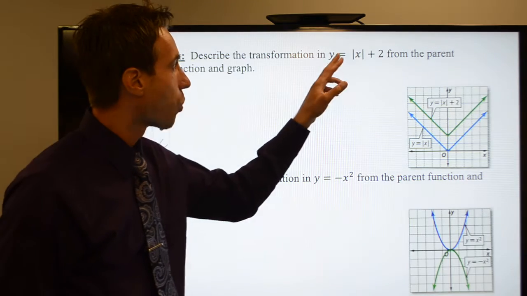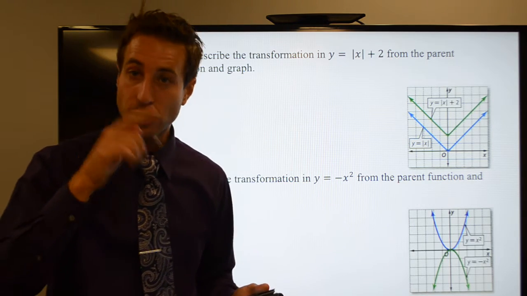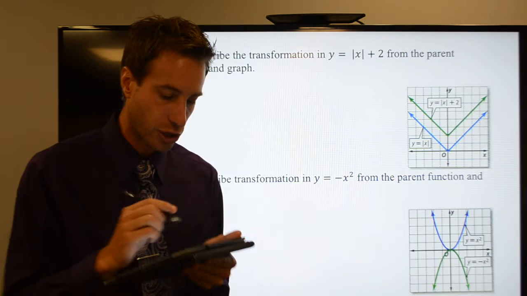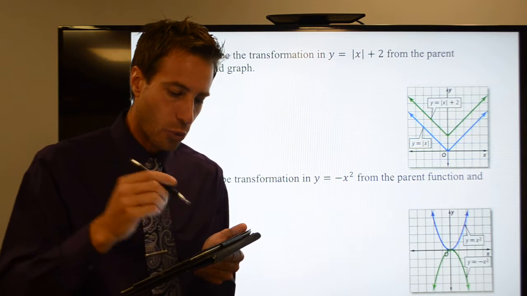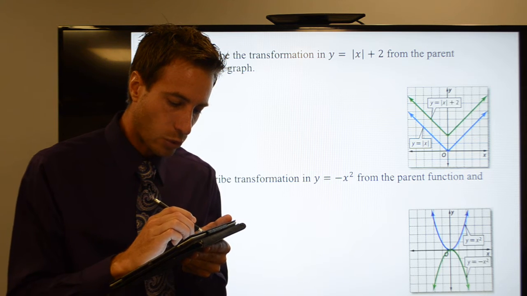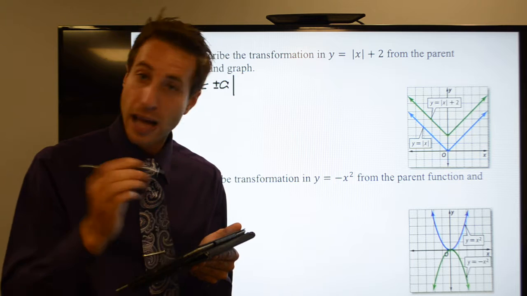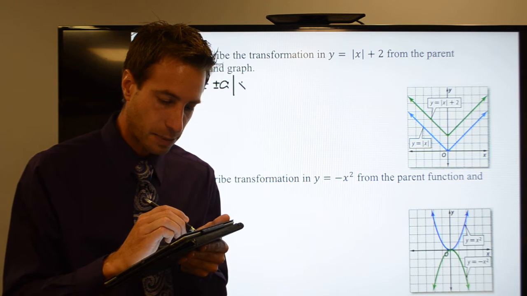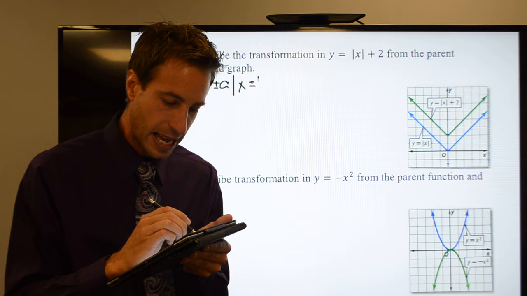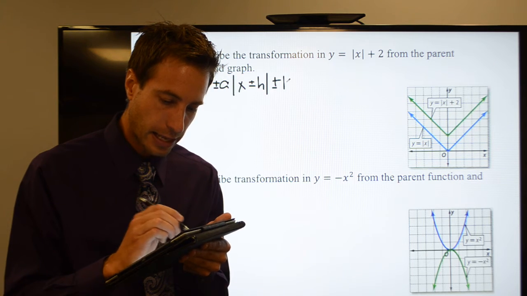What I've given you is y equals the absolute value of x plus 2. Now let's remember what my general function looks like. From the previous page, we remember that for absolute value, y is equal to plus or minus a, absolute value sign of x plus or minus h, close the absolute value, plus or minus k.